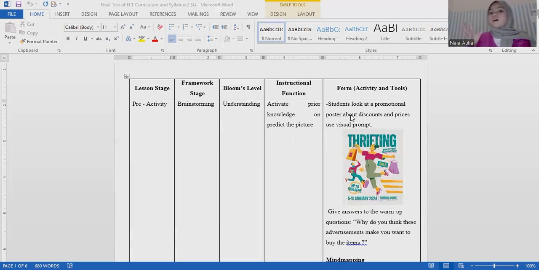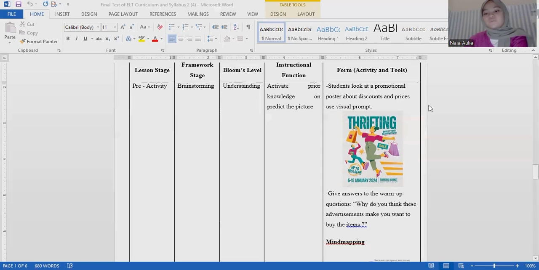After they know that, in the pre-activity I build their curiosity, I give the visual prompts, this poster about discounts and price. That's why it's really for the material I give to my students.